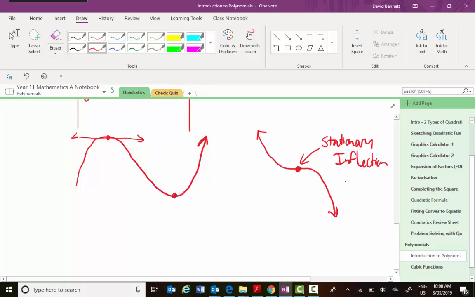And that accounts for 2 turning points. So every time you see one of those, that is equivalent. This would be an x to the power of 3, and that there is going to be an x to the power of 3.